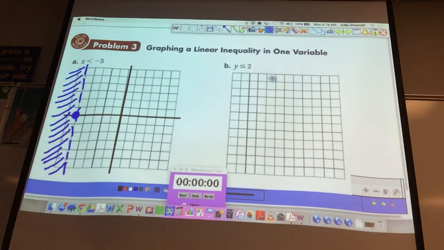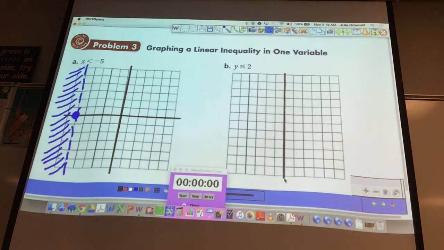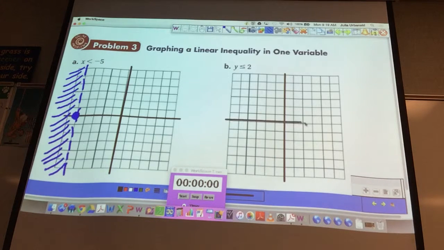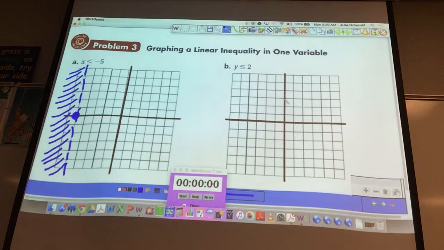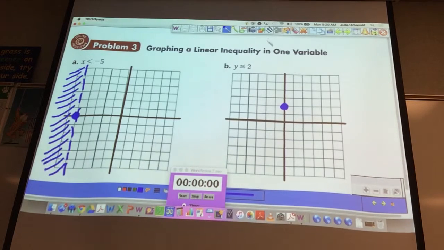So, letter B. I'll do one more with you, then you'll do 2 more on your own. There's only a Y. There's no X and Y combination, so all I'm allowed to do is go to Y equals 2, right there. Do I draw a solid or a dotted line? That is a solid.